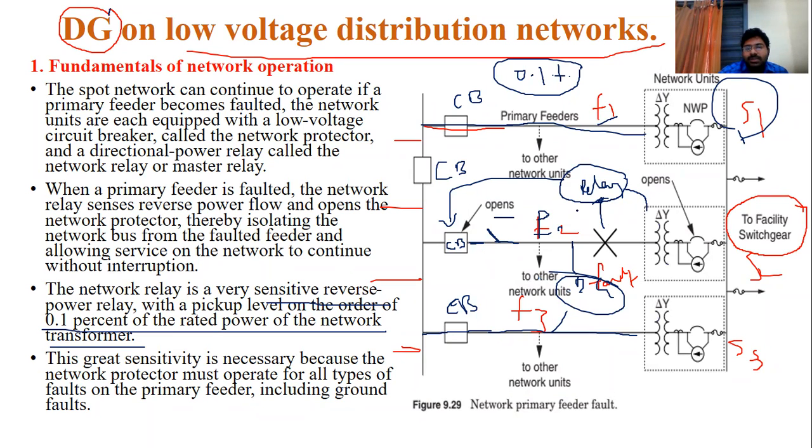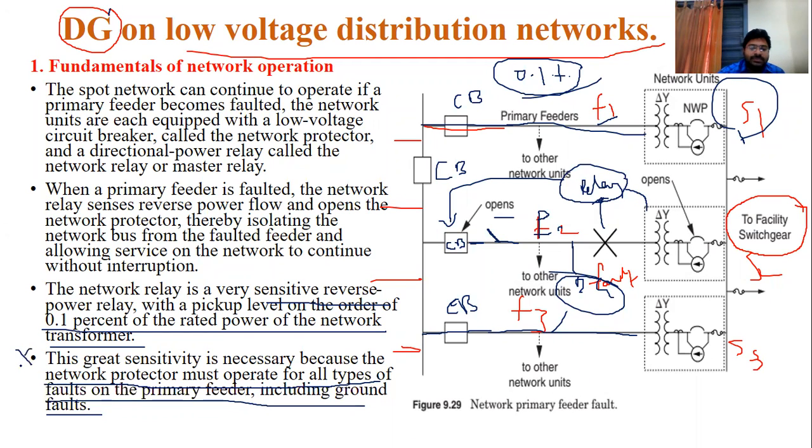Now see the network operation presently. The relay operating sensitivity is fixed at 0.1%. Why are we fixing such a low level? A 0.1 percent change in voltage or current levels makes the relays operate. That is a very sensitive level. Why? Because the network protector must operate for all types of faults on the primary feeder, including the ground faults.